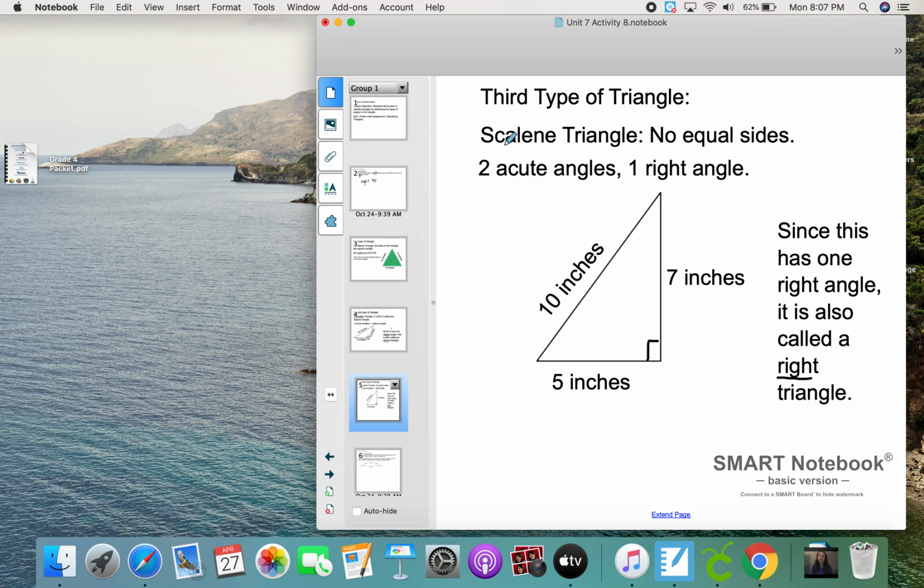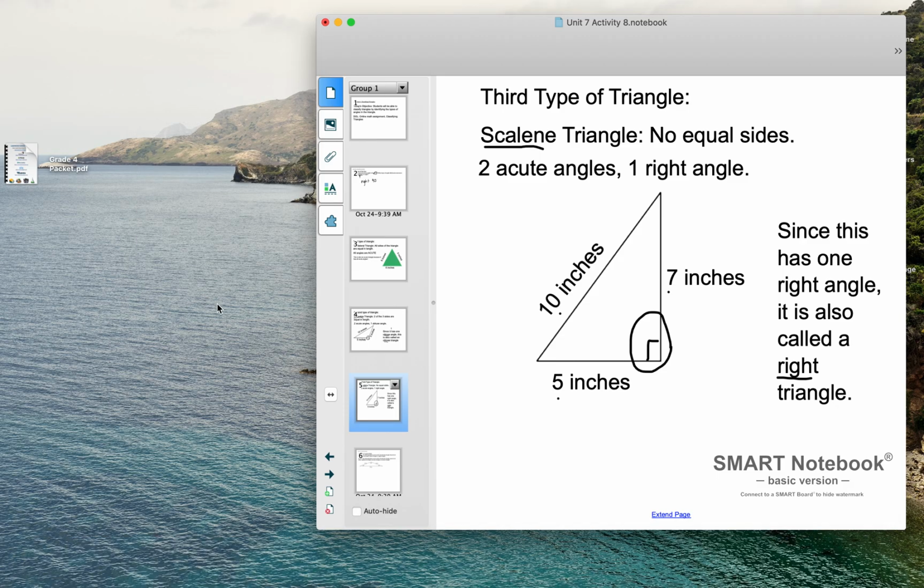So we can call this triangle a scalene triangle since the sides are all 3 different lengths. Or since it has 1 right angle, we can call it a right triangle. So you can classify that 2 different ways.